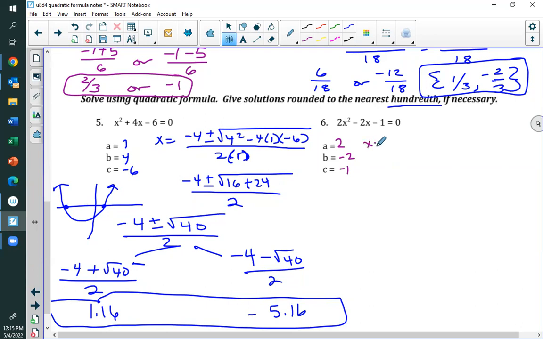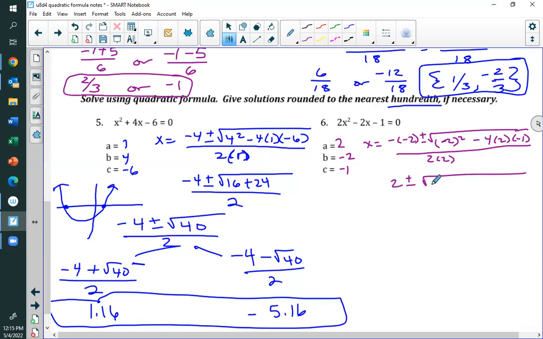So I know x equals negative B plus or minus the square root of B squared minus 4AC, and it's all over 2A. I know it's tedious. Remember that I used that word? I'm well aware of it. So I have 2 plus or minus the square root of 4 plus 8 all over 4.